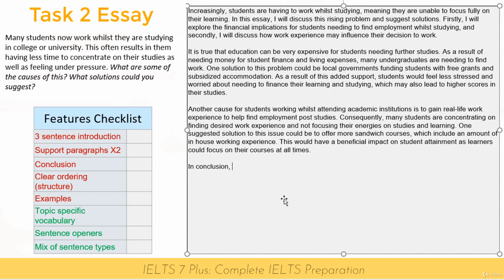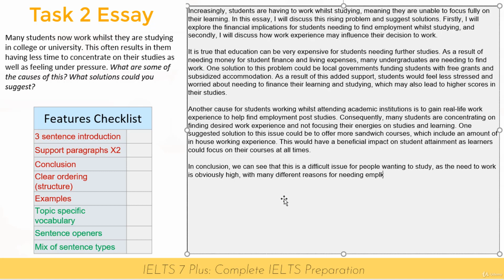In conclusion, we can see that this is a difficult issue for people wanting to study, as the need to work is obviously high, with many different reasons for needing employment. That kind of just sums up the whole issue in one sentence.